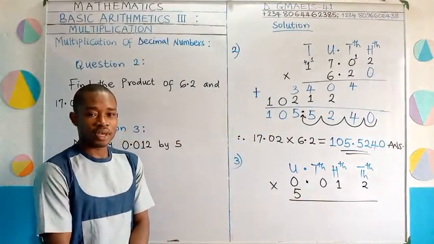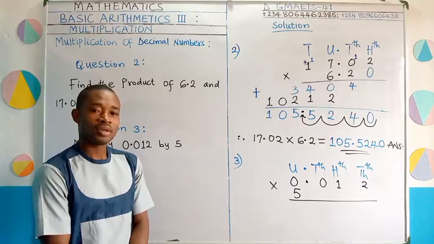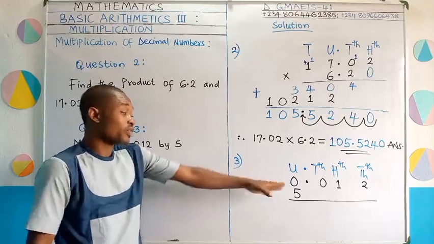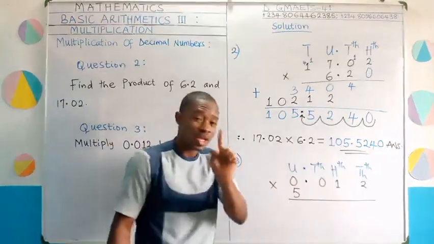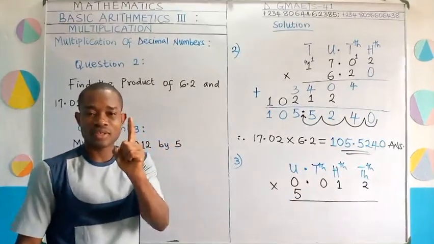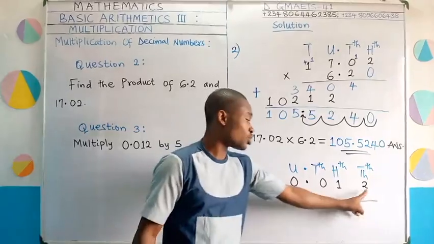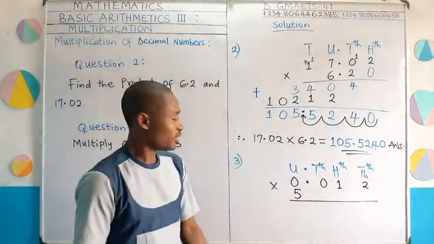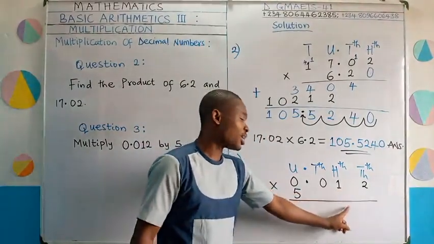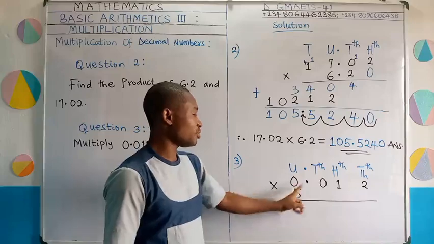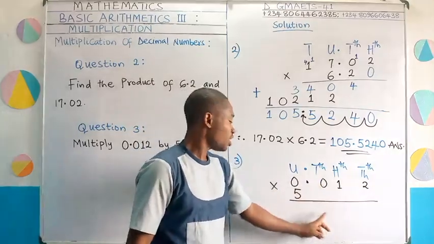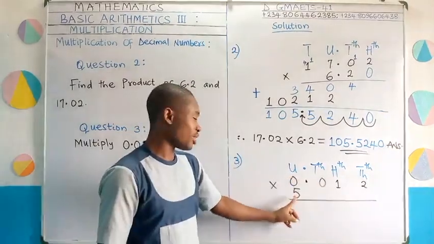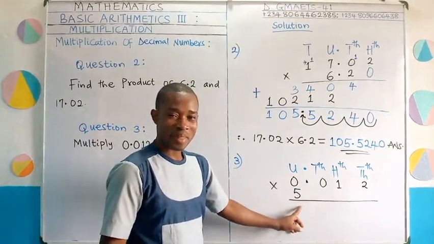Are you following? I'm supposed to fill them up with zeros, but you can still decide not to fill them up with zeros. Since 5 is only one digit, you can simply do 5 times 2. Any answer you get, you record it here. Then 5 times 1, any answer you get, you record it here. 5 times this, any answer you get, you record it here. And then 5 times 0, the answer you get, you record it here.